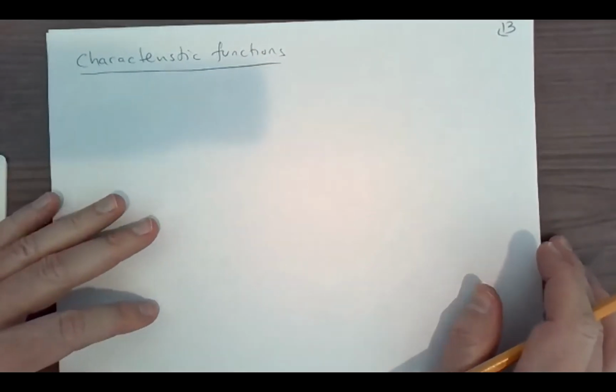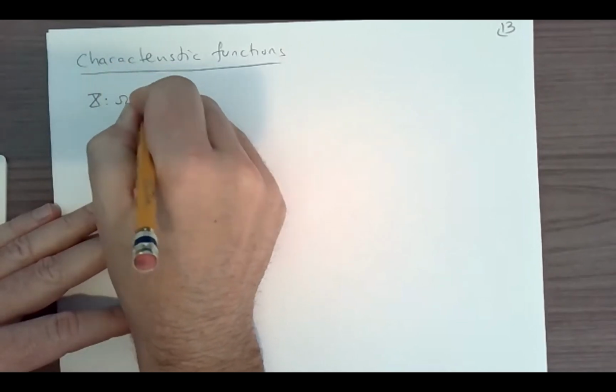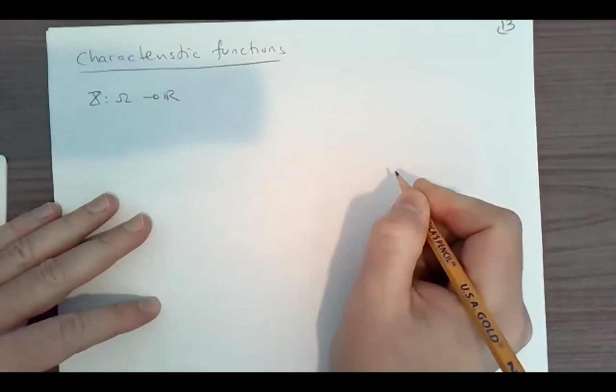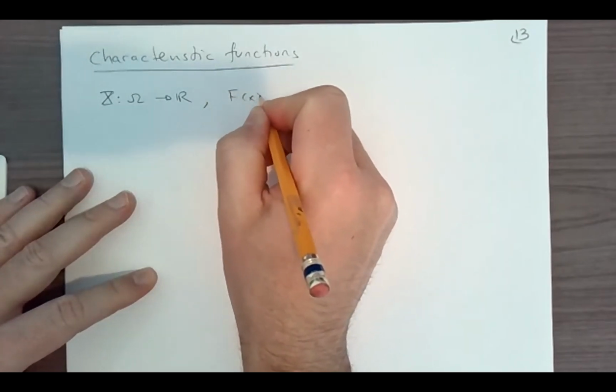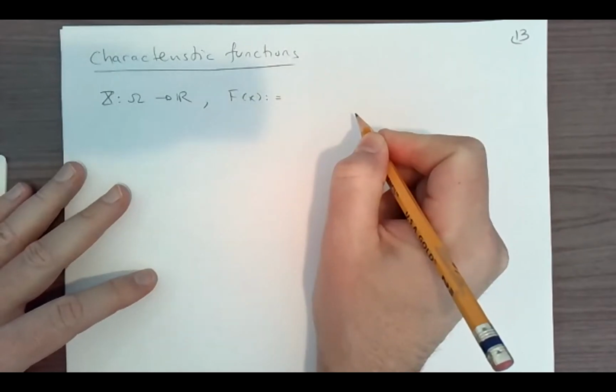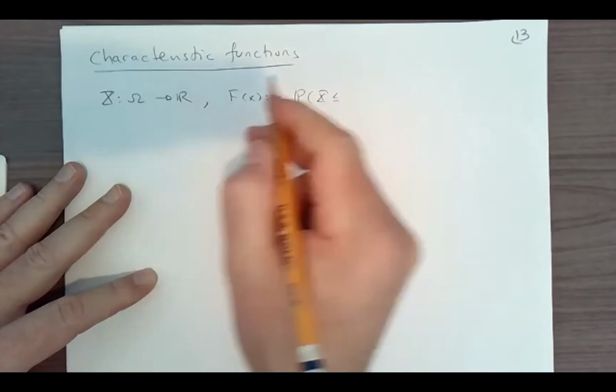So what do we have? We have a random variable, and it has a distribution, which is the probability that X is less than some number in the codomain.